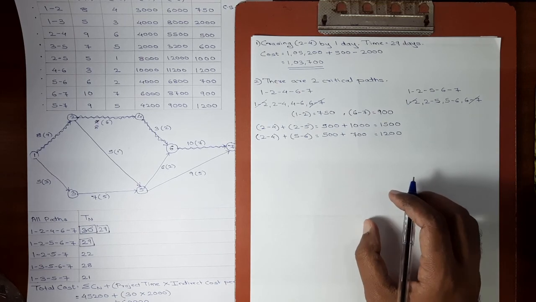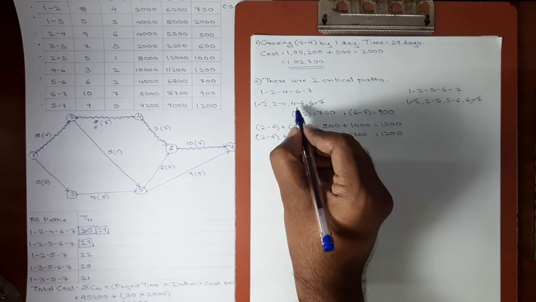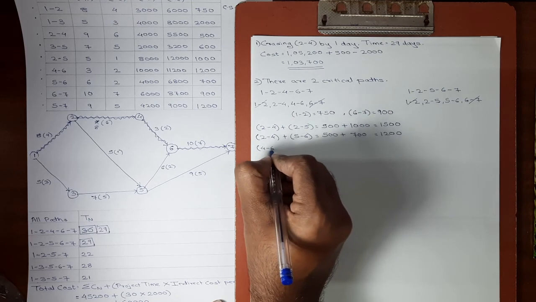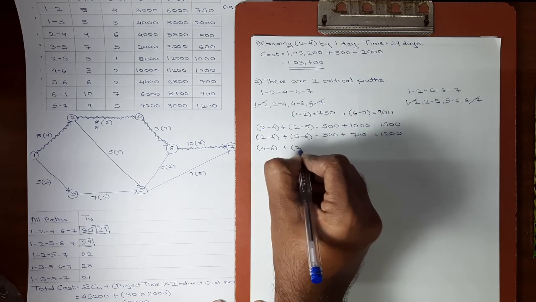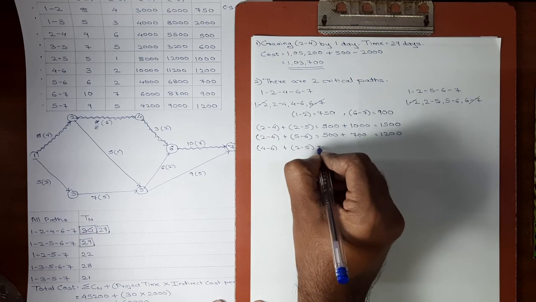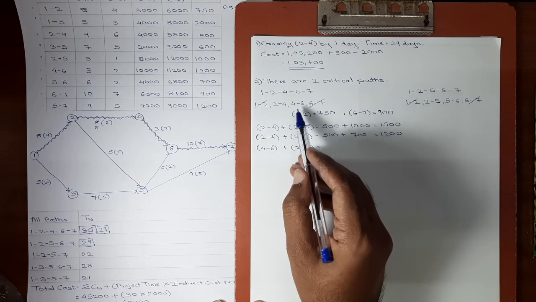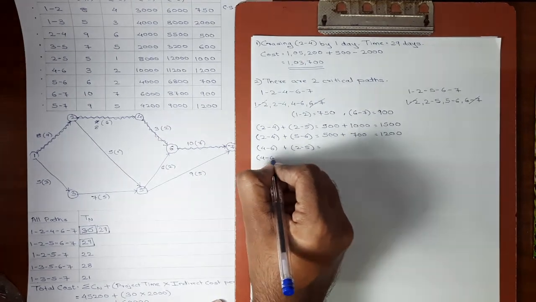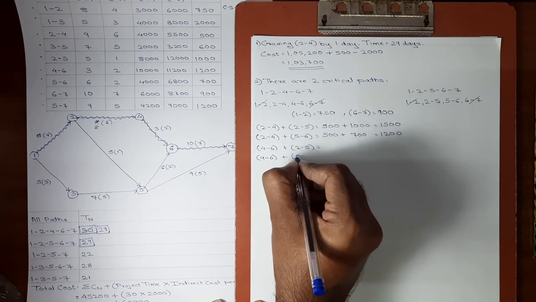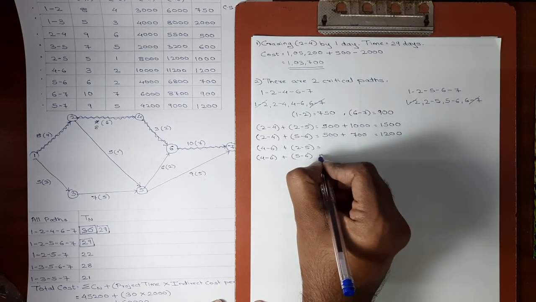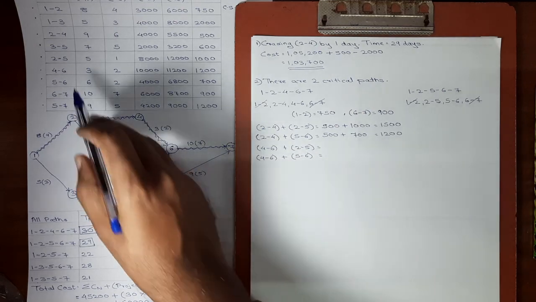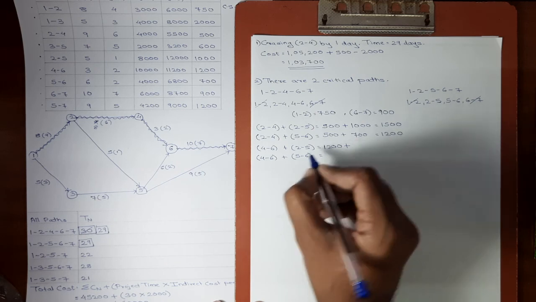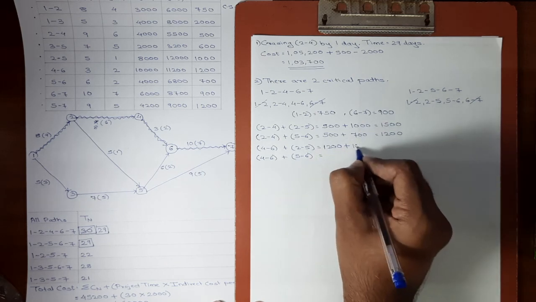Now the next combinations will be 4, 6 plus 2, 5. Second activity from first path plus first activity from second path. And again next combination 4, 6 plus 5, 6. Second activity from first path plus second activity from second path. Now the cost slope of 4, 6 is 1200. 1200 plus cost slope of 2, 5 is 1000.